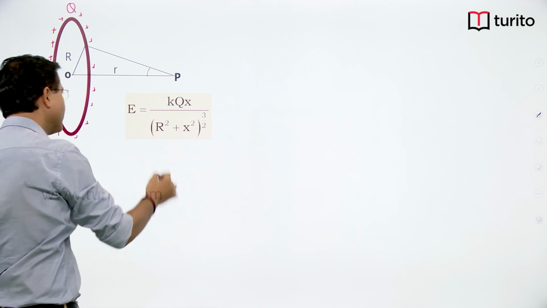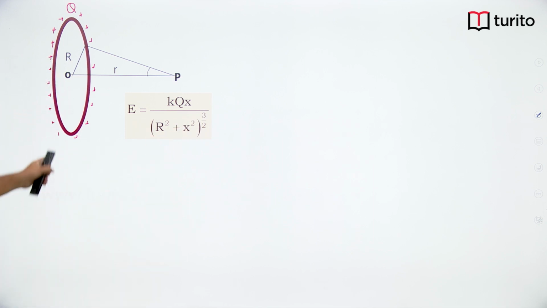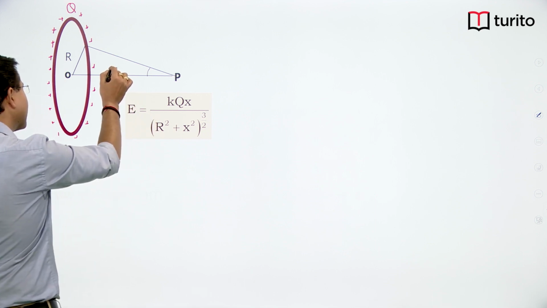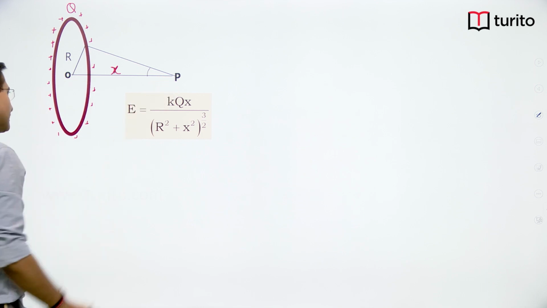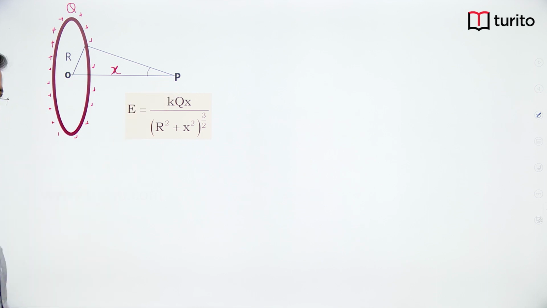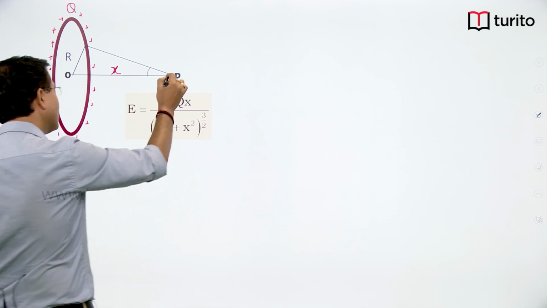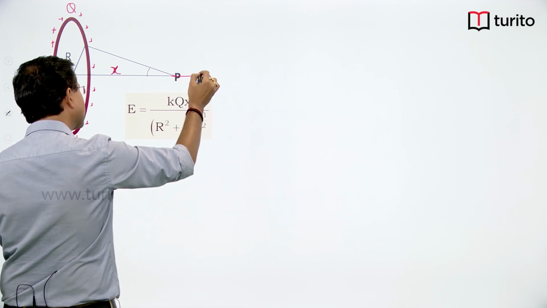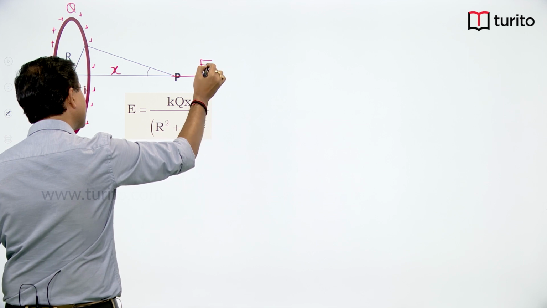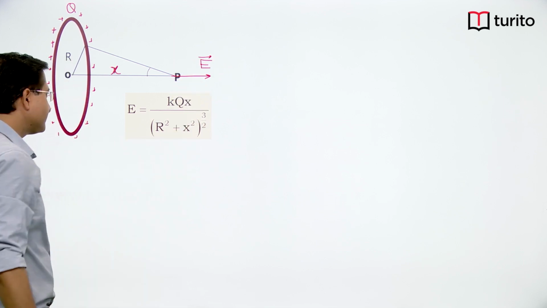This is meant for uniform distribution, and x is the distance from the center. The direction of the field was along the positive x axis.